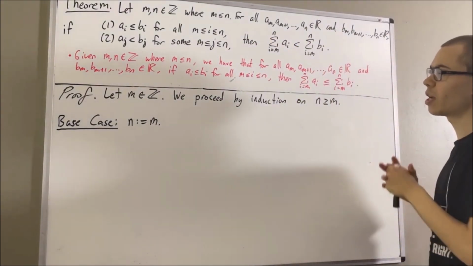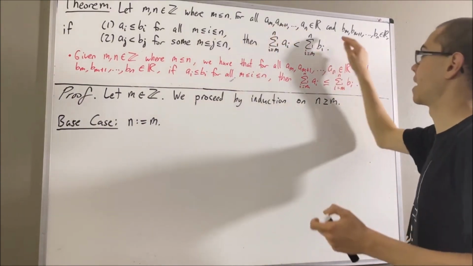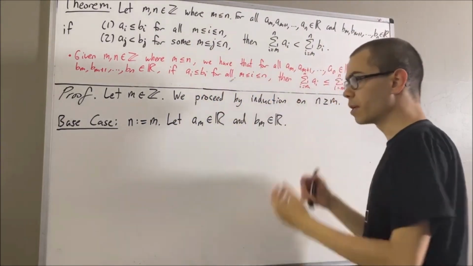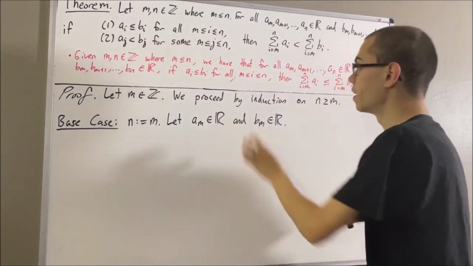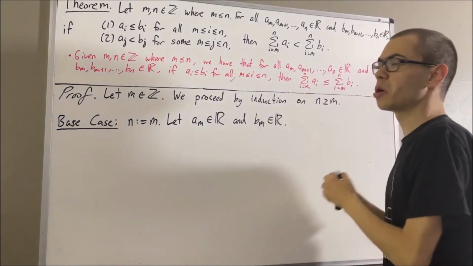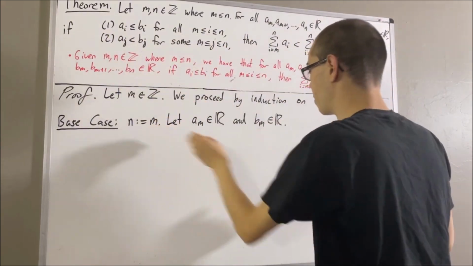Okay, so to start out, let's give ourselves two lists of real numbers a_m and b_m. And from here, we want to show that if this is true in the case where n is equal to m, then this is true in the case where n is equal to m. So let's suppose that both 1 and 2 are true in the case where n is equal to m.